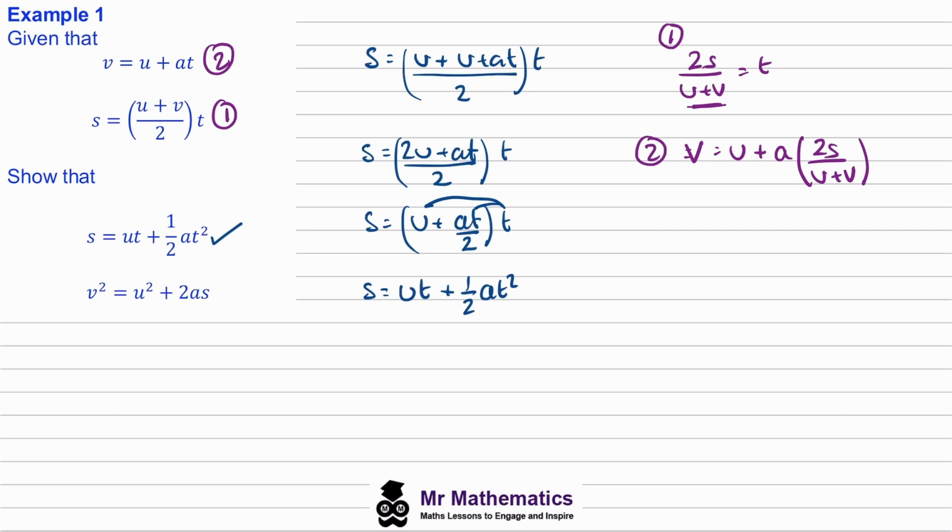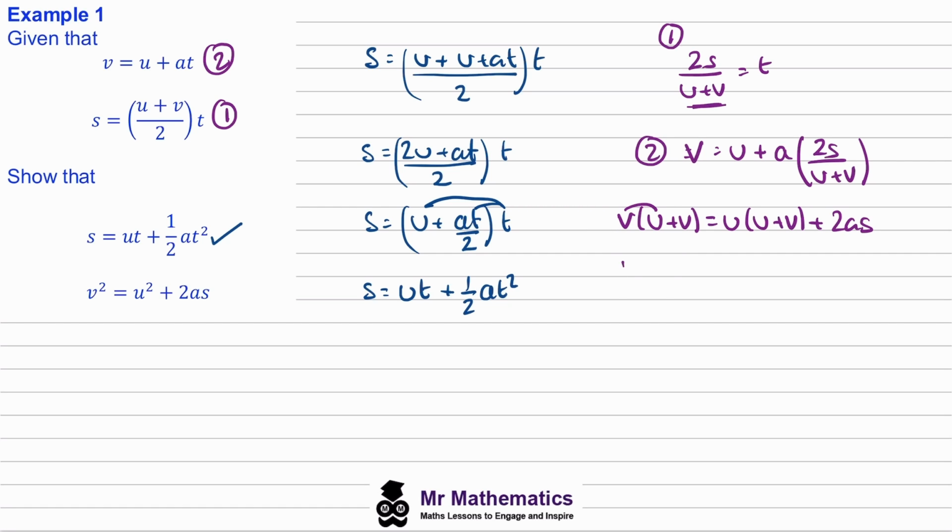Now we need to make v squared the subject. So we'll multiply every term by this denominator. So we'll have v multiplied by u plus v will be u, lots of u plus v, plus 2as. Then we'll expand out these brackets.